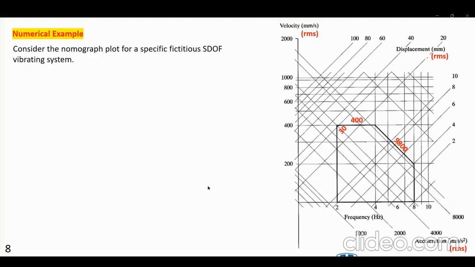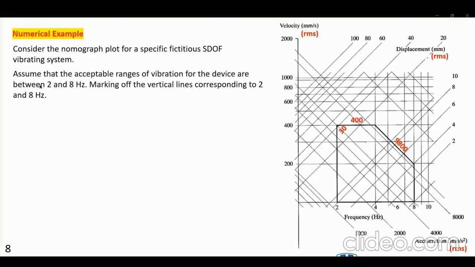Now, let's look at a simple example. Assume that an acceptable range of vibration for a device is between 2 and 8 hertz. So we know that this is the line for 2 hertz, and this is the line for 8 hertz. An acceptable level of vibration for a certain device is in this range.